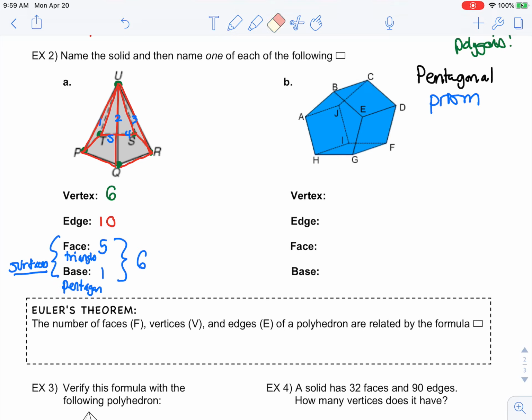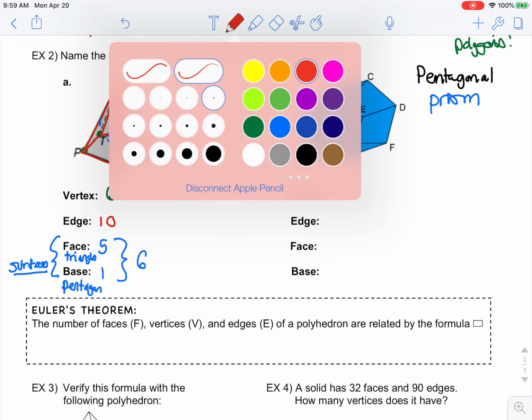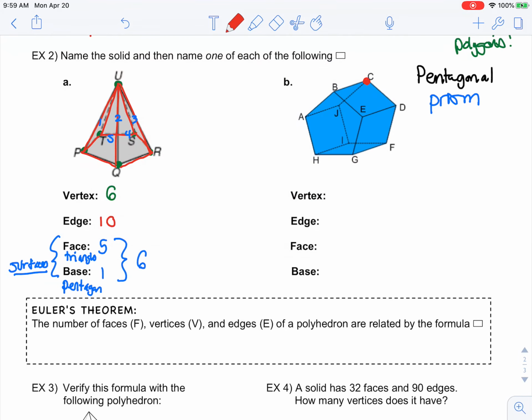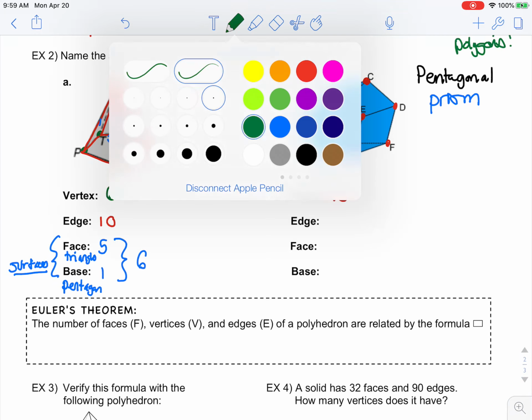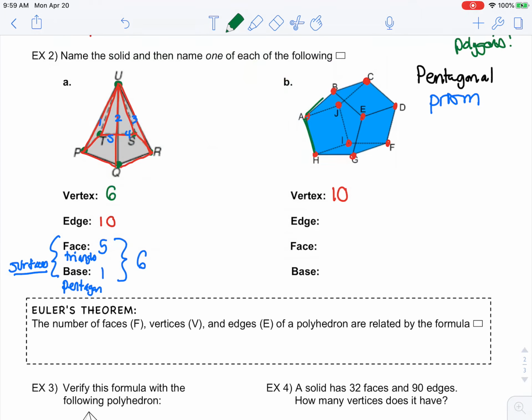Okay, now as for naming edges and faces and vertices, just very carefully count up our vertices. There's 1, 2, 3, 4, 5, 6, 7, 8, 9, 10. Looks like there are 10 vertices. As for edges, there is 1, 2, 3, 4, 5.